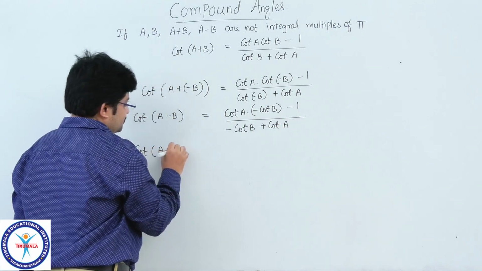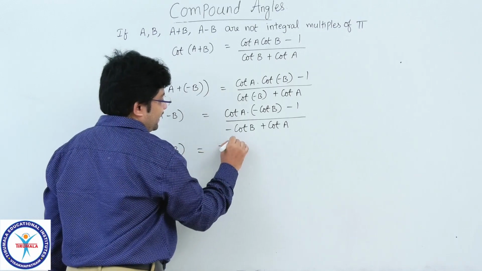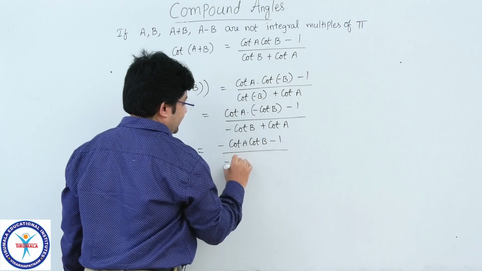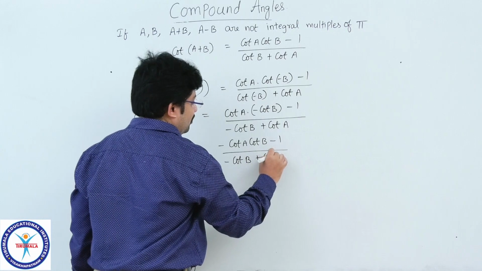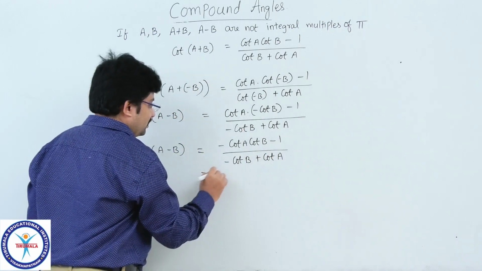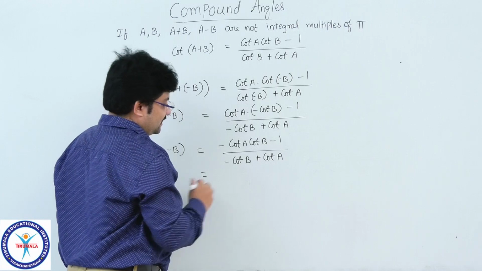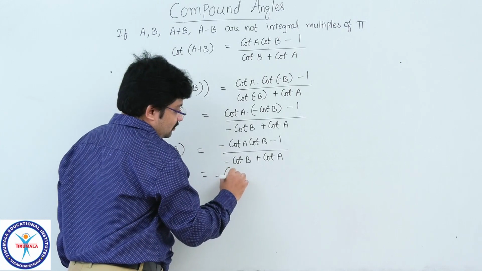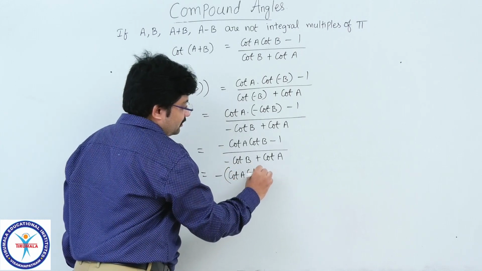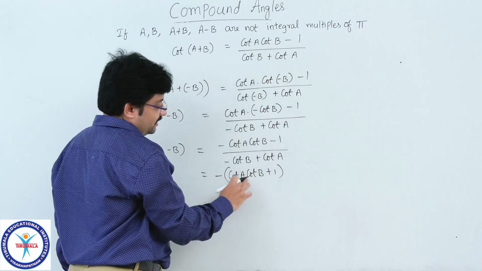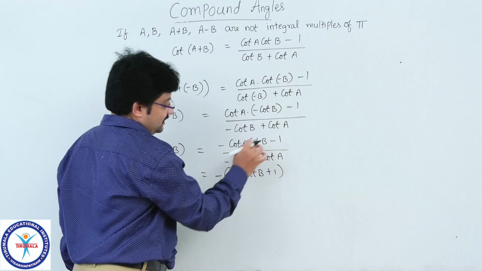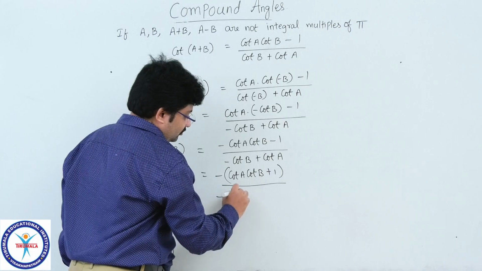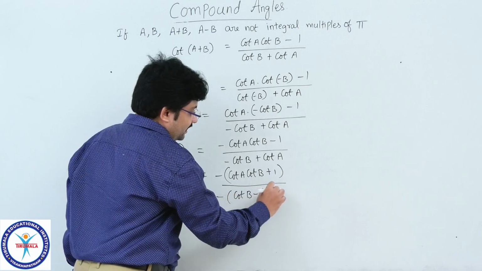Therefore, cot(a-b) is equal to minus cot a cot b minus 1 by minus cot b plus cot a. So, in the numerator and denominator, take minus as common. In the numerator, that is cot a cot b plus 1, because minus into minus is plus, and in the denominator also take minus as common, cot b minus cot a.